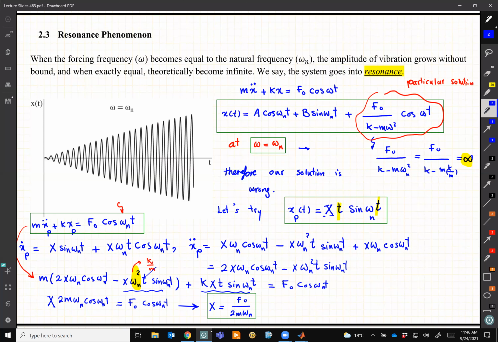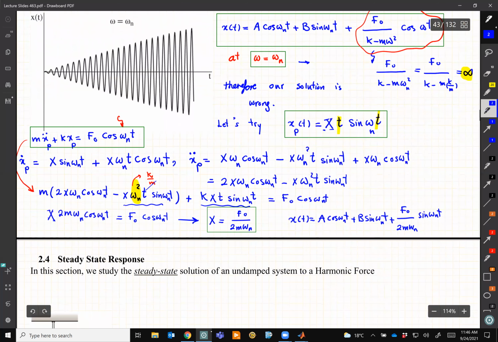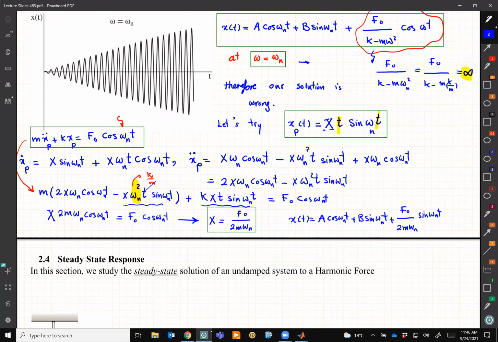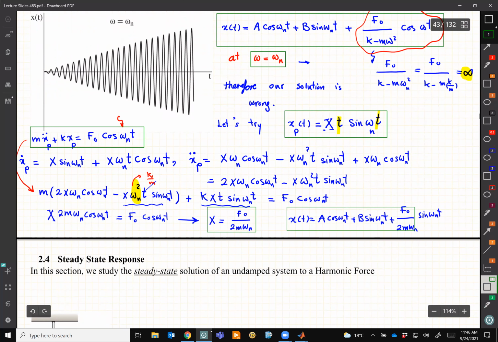The final answer now: x(t) is a cosine omega n t plus b sine omega n t plus xp, which we just found, f0 over 2m omega n, t sine omega n t.